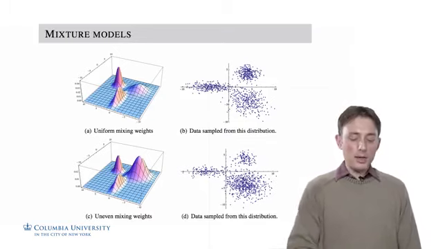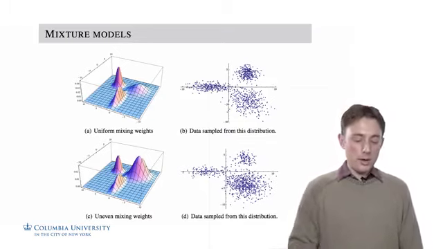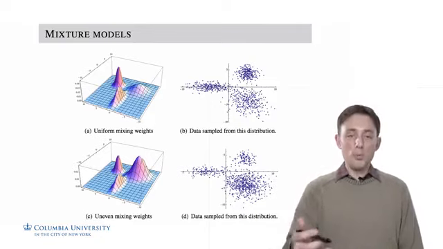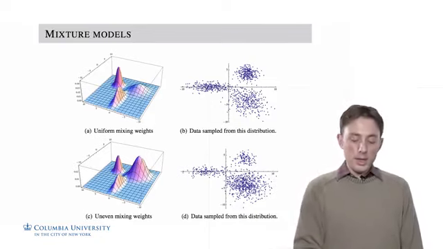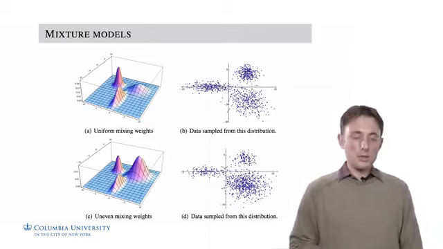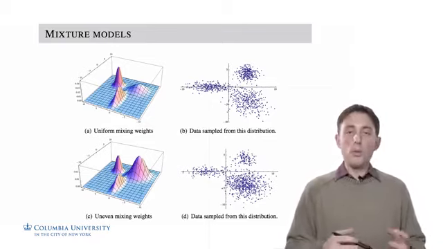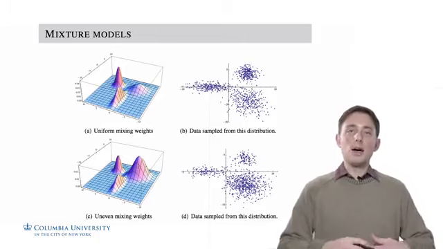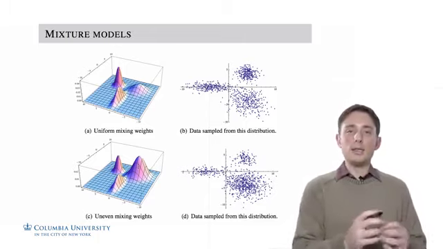And if we change the weights, so for example, this cluster gets more probability, then we can get something like this, where we have more data from one cluster than from another, as opposed to even weights, in which case they're equally probable. So the Gaussians define the region, and the weights define how dense the data is in each region.